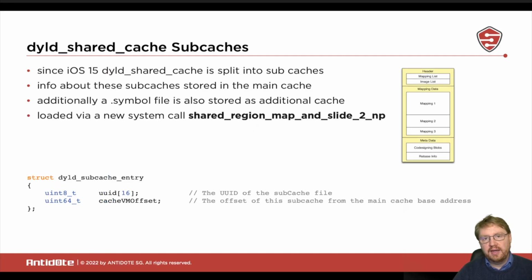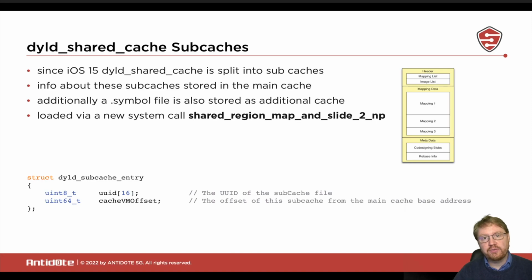So now back to these so-called sub-caches. Since iOS 15, the dyld cache is split into sub-caches. And the motivation for this is basically that the amount of libraries became so gigantic that putting them all into one mapping becomes a problem, because you have things like relative jumps and relative addressing, and they have certain limits on different platforms.